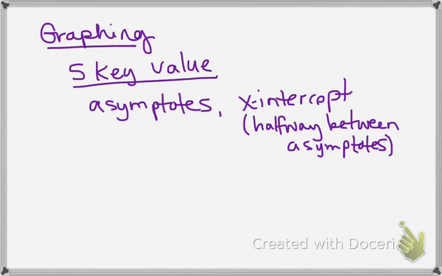So that gives you 3 points. Now the other 2 are going to be found halfway between either the asymptote and the x-intercept or the other side, the x-intercept and the asymptote.